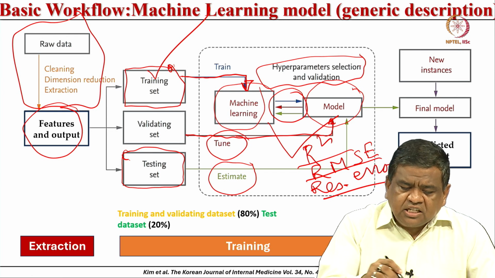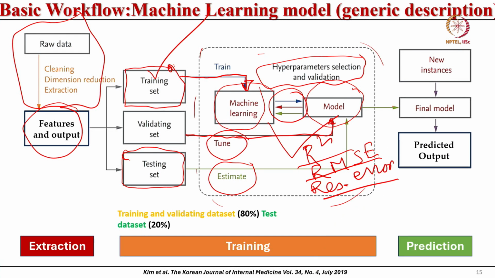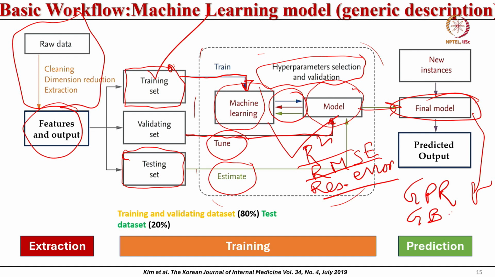All these exercises, the dotted arrow, will give rise to a final model, which will give rise to some empirical relationship, based on, for example, what we learnt from the earlier examples, GPR or GBM: Gaussian process regression, or gradient boosting machines.